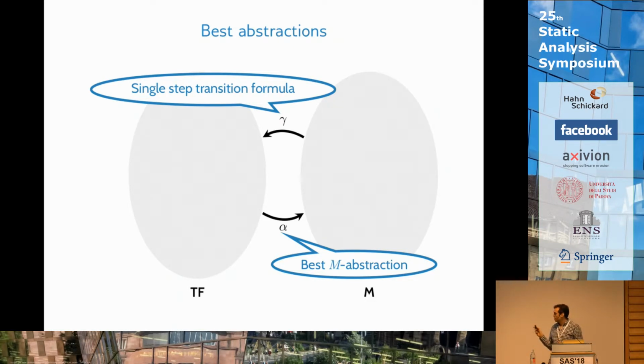So a left adjoint to gamma is a functor that goes in the opposite direction, computing a best abstraction of M, and there's an interesting relationship between these two functors. Just like in a Galois connection, there's an interesting relationship between the adjoints.